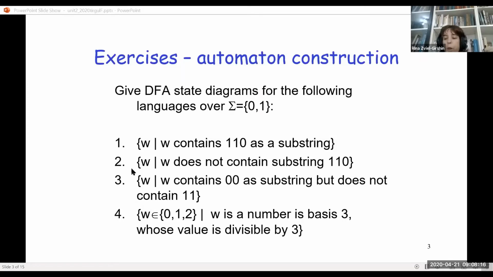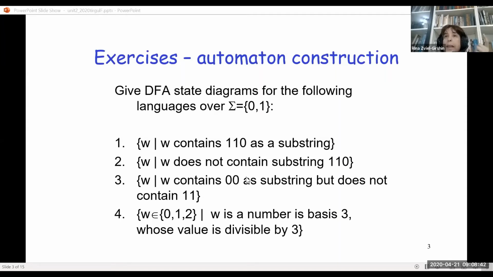So once again, I would like you to take a minute and try to solve this question by yourself, and then we will do it together. So here we have a language, once again, over alphabet 0,1 of all words W such that W contains substring 00 and does not contain substring 11.